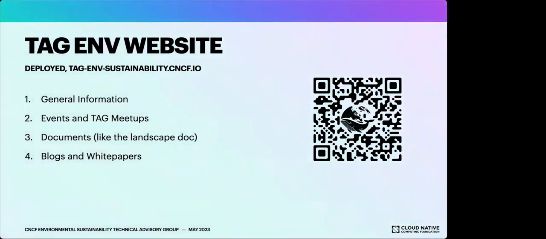Cool. So we have one blog in the pipeline for getting started with the TAG, and also giving a more general overview about sustainability and what is cloud native. So for everyone who is new to the cloud native space, this is an entry point. We've also been working on an issue template, which structures the process of how to get a blog post out.